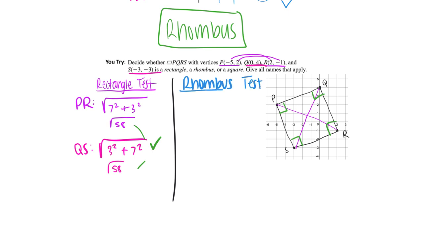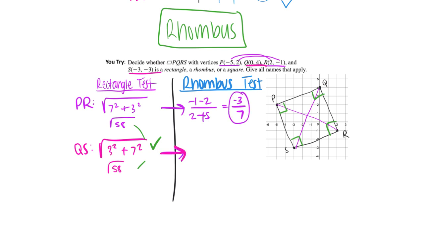So the rhombus test involves slope, and we're using these same two sides here. So I'm just going to go like this. So for the slope of PR, we are going to do y2 minus y1. So it'd be negative 1 minus 2 over 2 minus negative 5. So that would be negative 3 over 7, because this turns to a plus down here. Okay, so there's the first slope.